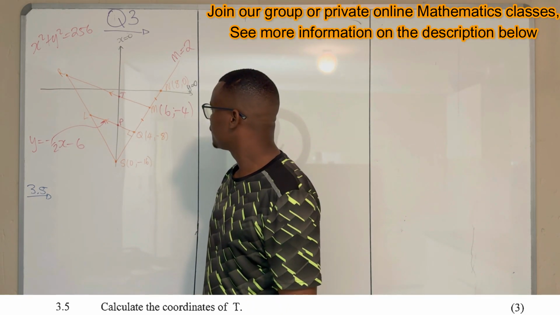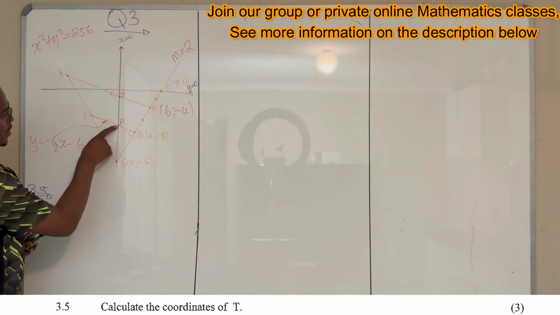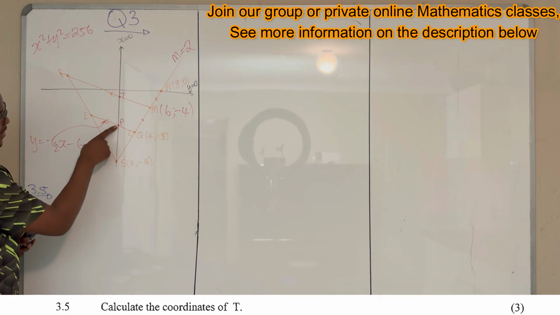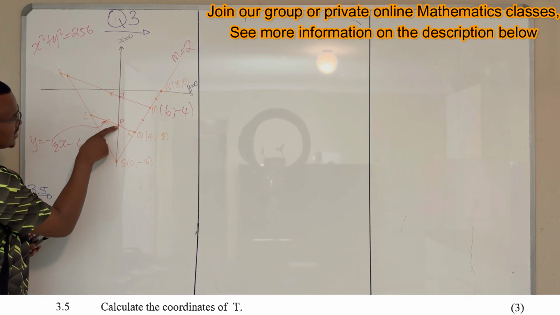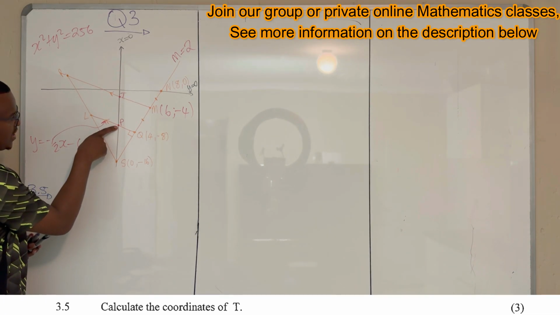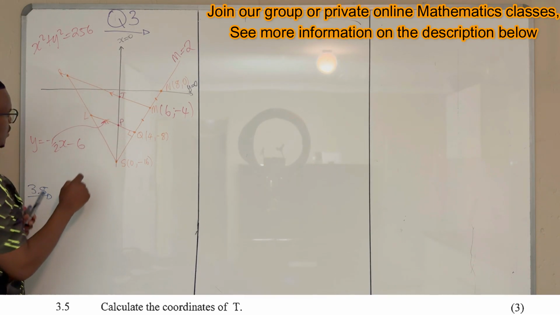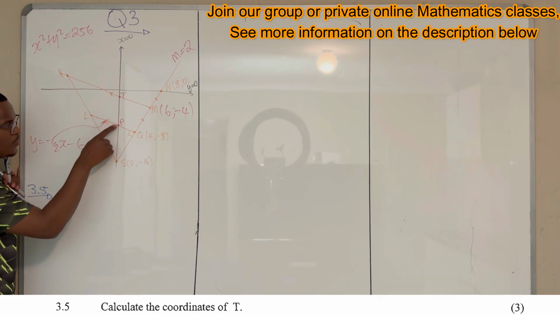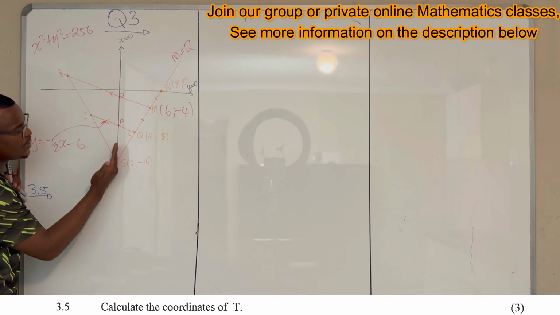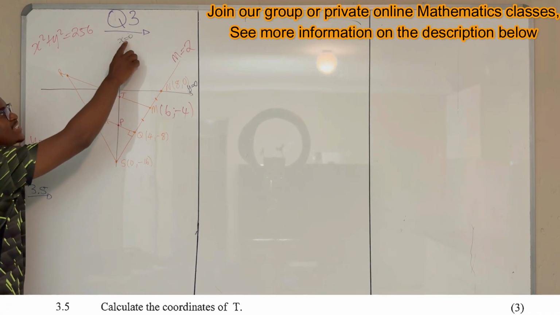So what we can do is, look here. This is point P. T is the y-intercept. P is the y-intercept for LQ, and T is the y-intercept for RM. So let's say we wanted the coordinates of P. If we wanted the coordinates of P, we know P lies on the y-axis, and along this vertical line of the y-axis, x is 0.